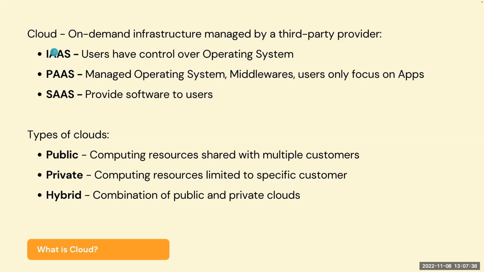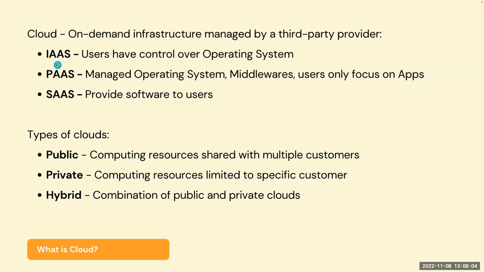We have three types: infrastructure as a service, platform as a service, and software as a service. Infrastructure as a service, for example from AWS, is an EC2 instance, or in GCP a compute instance, where you have full control of the underlying operating system.